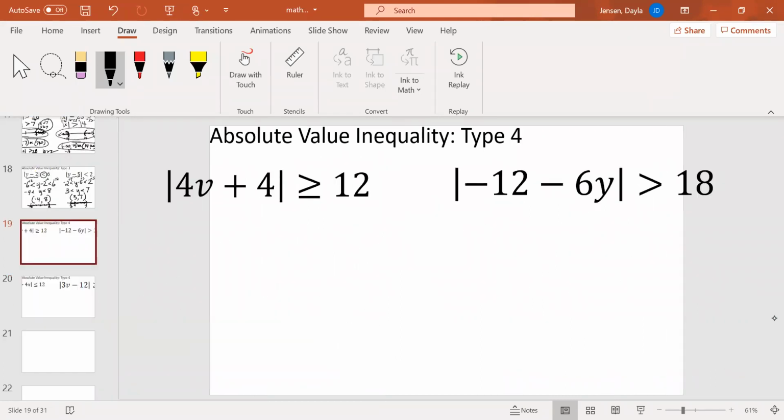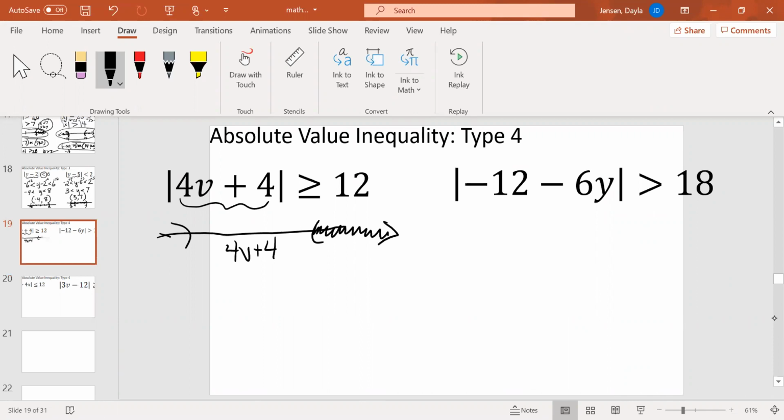Now this one's a little bit trickier because now I want the distance of whatever V is to be greater than 12. So that means that I'm going to draw a number line first. Whatever 4V plus 4 is, I want it to be greater than 12 units away.